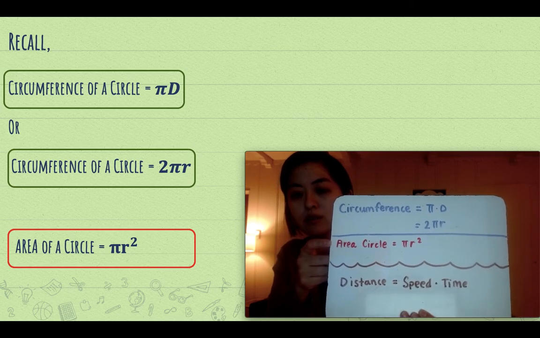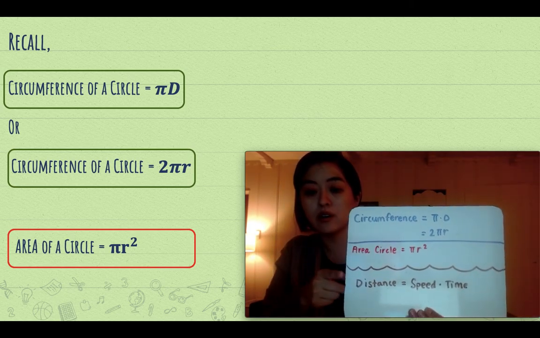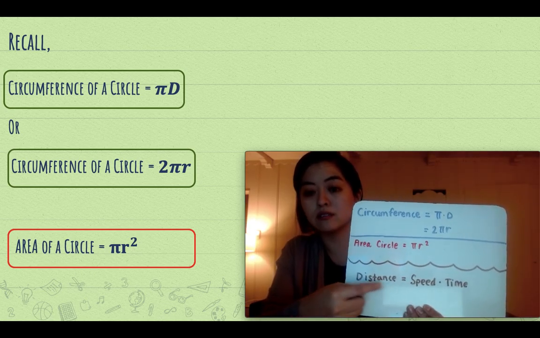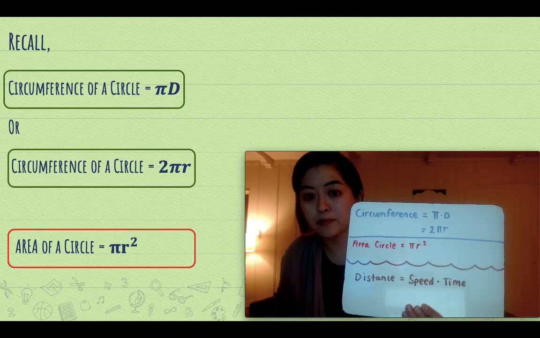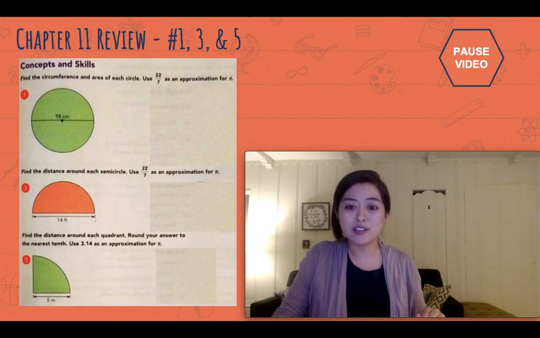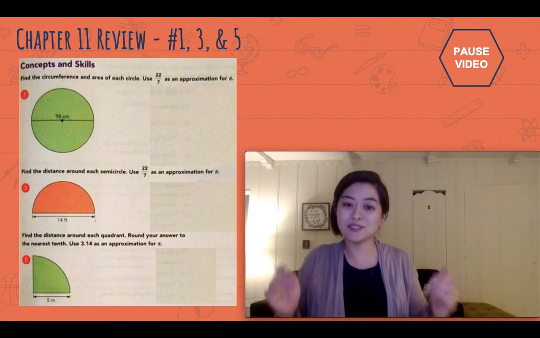Area of a circle, we're going to use pi r squared. And later on in the review, we're going to use this distance formula, which is speed times time. Can you pause the video and do numbers 1, 3, and 5? And I'll see you when you're ready.